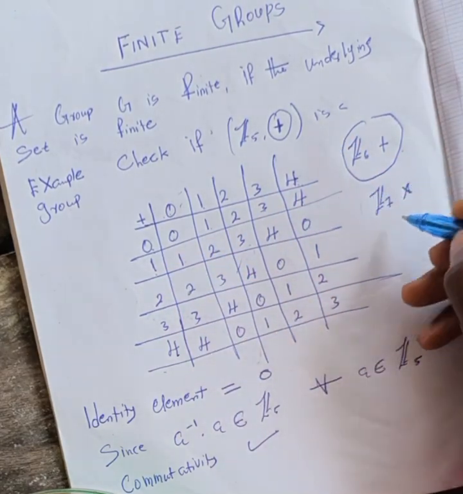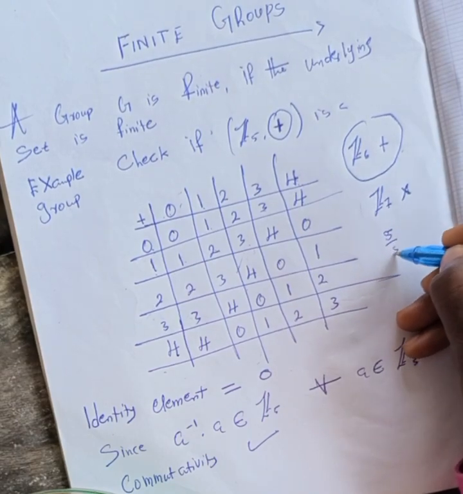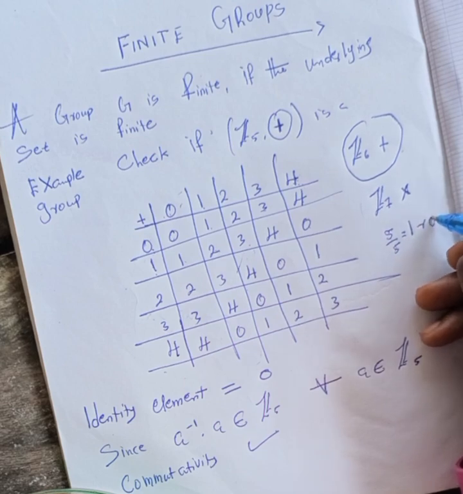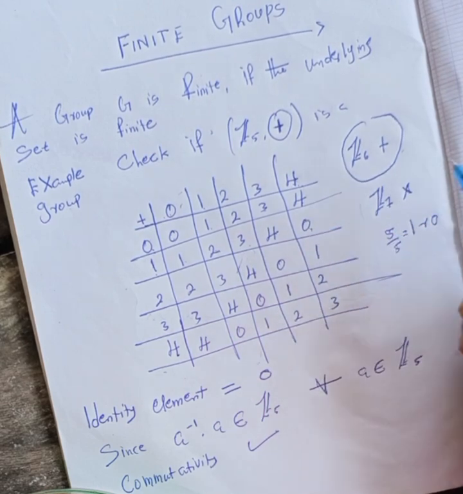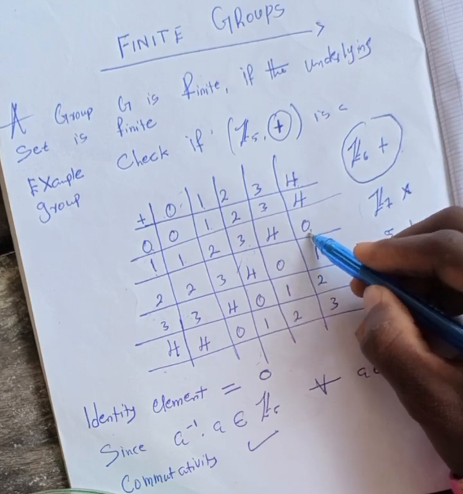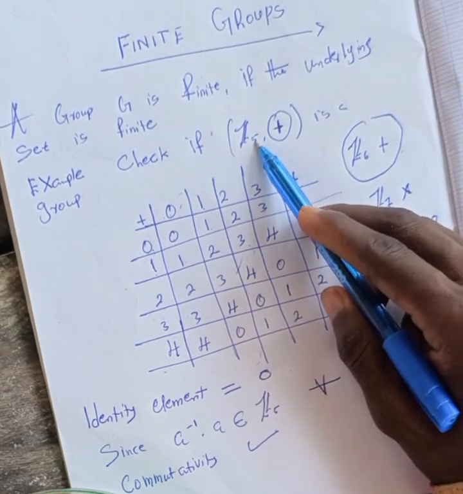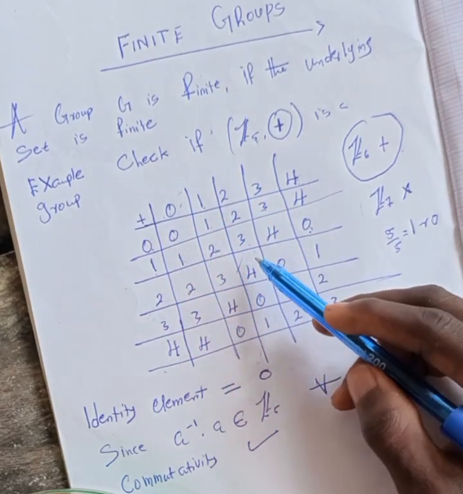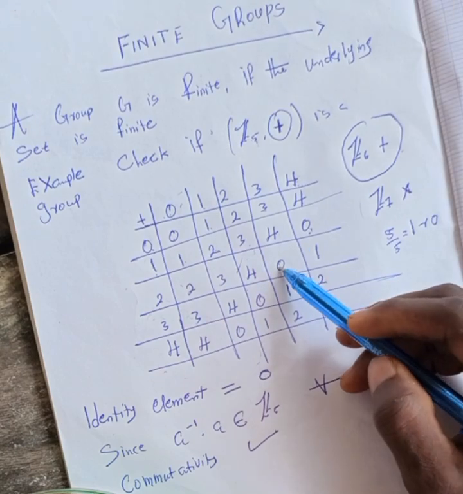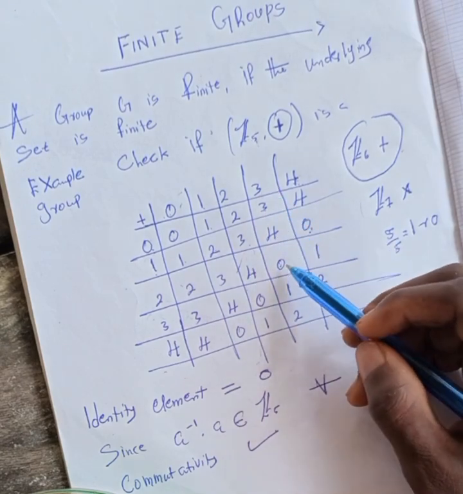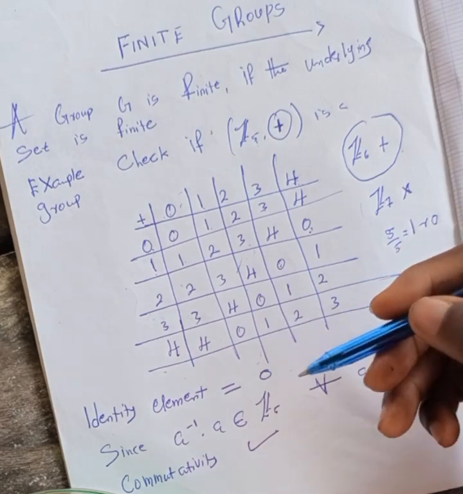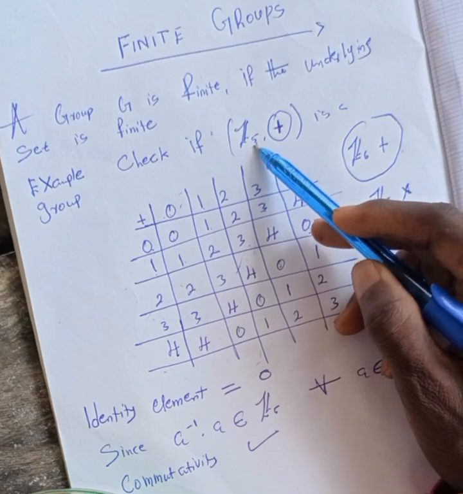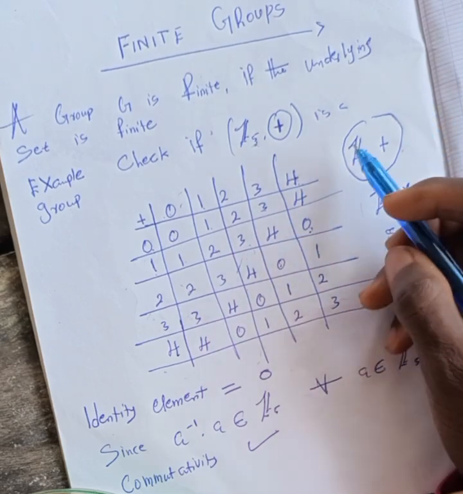So what we do is we divide 5 by 5. 5 divided by 5 is 1, remainder 0. It is the remainder that we write down here. You divide by the 5 that is given here. Similarly, 2 plus 0 is 2, 2 plus 1 is 3, 2 plus 2 is 4, 2 plus 3 is 5. Anytime you have 5 or above, you divide it by the integer you are working with, and you write down the remainder.